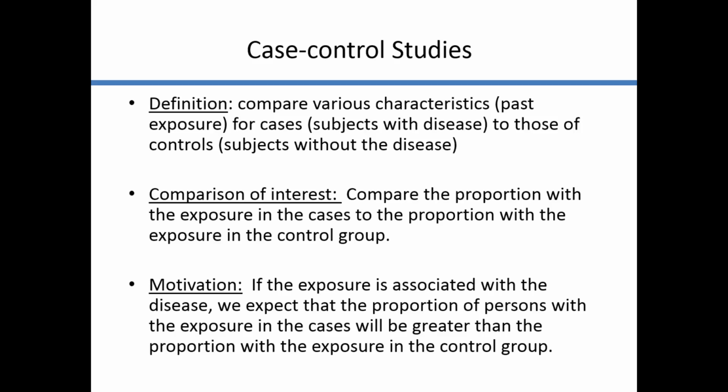We compare the proportion with the exposure in the cases to the proportion with the exposure in the control group. So let's say we want to study smoking and lung cancer. In this case, we start with a bunch of people who have lung cancer and a group of people who don't have lung cancer. And we ask them, looking back in time, how much cigarette smoking did you do?